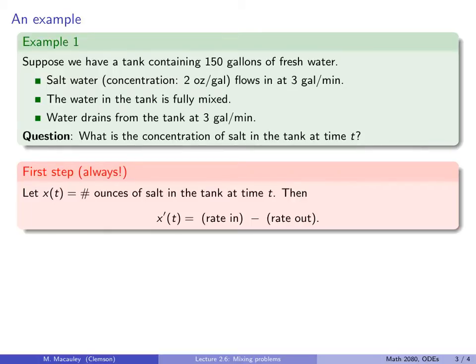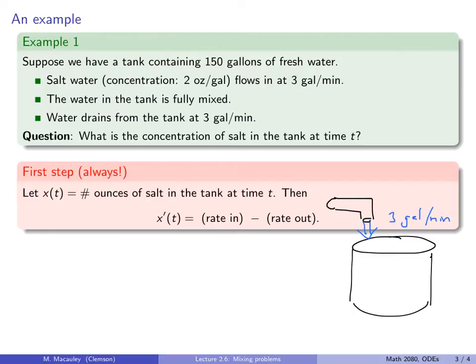So let me draw a picture of this. We have a tank like this. We have a pipe that is letting water in at 3 gallons per minute, with a concentration of 2 ounces per gallon.